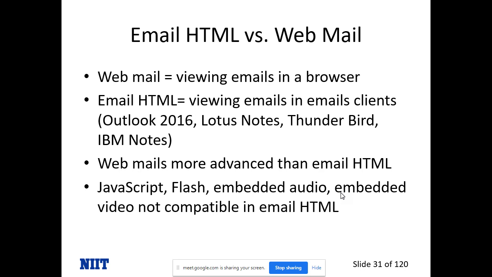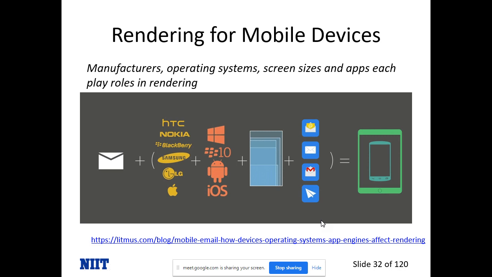Flash means things like video or animated pictures, embedded audio, embedded video, which are not compatible in email HTML. There's no rocket science involved here. What you do is compile an email, test it by sending it to yourself, and open it from a mobile device and from a browser, and if it's fine, carry on.